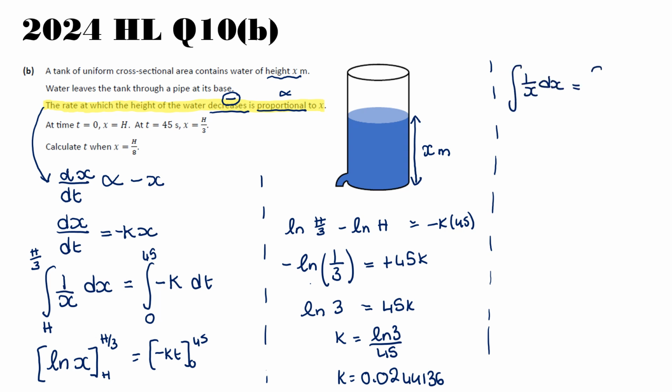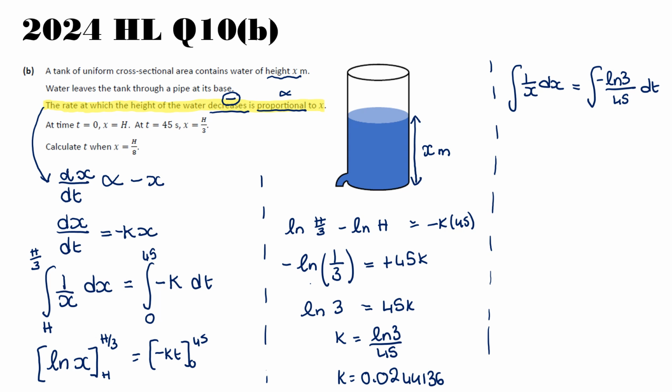Now that we've got a value of k, we're basically going back and doing the same question, but we have different limits. Now, like I said, it's absolutely fine if you want to work out an expression for x and then sub in and get your k and then sub in again. And this is minus k, and that is dt.